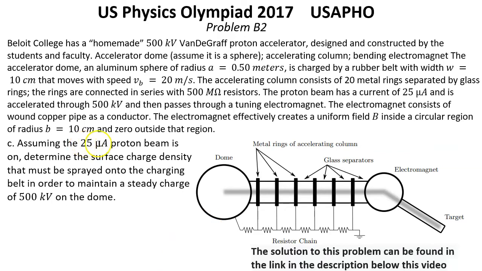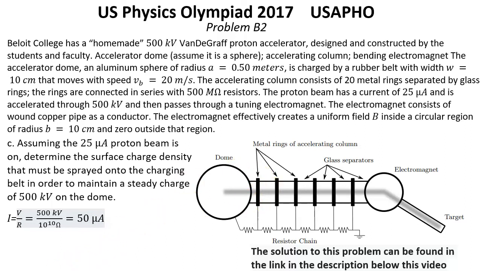One is the proton beam, which is 25 microamperes, and the other is through the resistors, for which we can use Ohm's law. That will be V over R, which is 50 microamperes, and the total current will be 75 microamperes. And this current we have to produce using this charged belt.